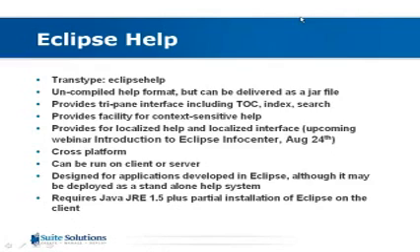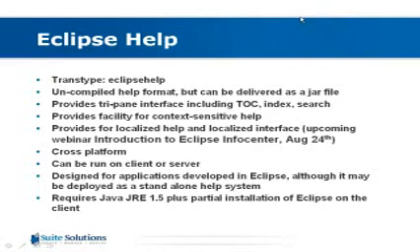It has a tri-pane interface with a table of contents, index, and search. It also does bookmarking. You can have context sensitivity. You can have a localized interface, which is very, very nice. You can have multiple languages on the same help. So someone coming in on a German machine can see the German version of the help, versus HTML help where each language has to be its own CHM file.